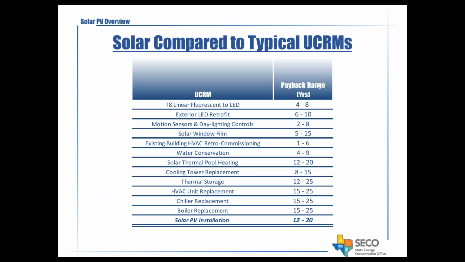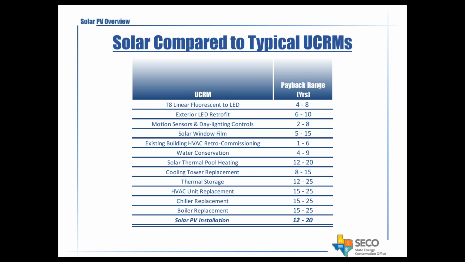What I wanted to do was very quickly go over some typical UCRMs, and UCRMs stands for Utility Cost Reduction Measures, basically. So you can look at an array of UCRMs, which is T8 to LED conversions, and we have given some typical payback ranges over there. Exterior lighting, motion sensors, solar, wind, window film, normally very long payback.